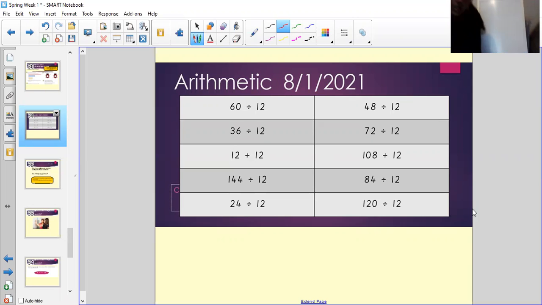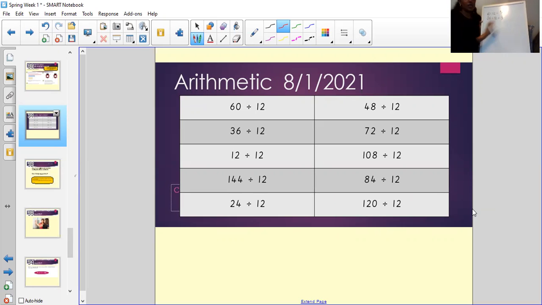Right, so you should be ready to reveal the answers to the arithmetic questions. So I'm just going to write them up on the board. So the first question is 60 divided by 12. 60 divided by 12 is 5. 36 divided by 12.